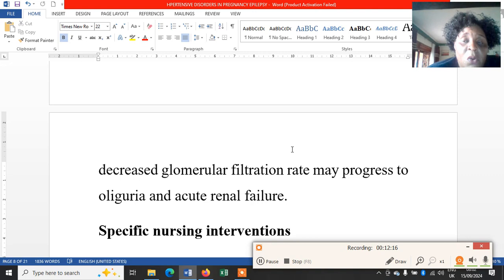So during all our management, we should aim at preventing this mother with hypertension from progressing to eclampsia, severe pre-eclampsia, and then end organ damage. Otherwise, after this mother has had organ damage, we may end up losing the mother. So all our aim looks at early detection and prompt management of hypertensive disorders.